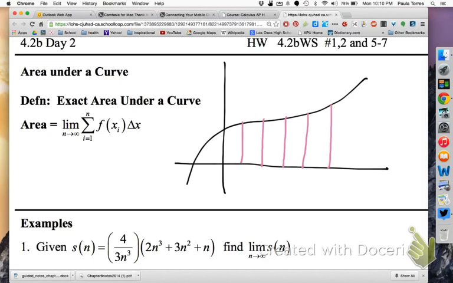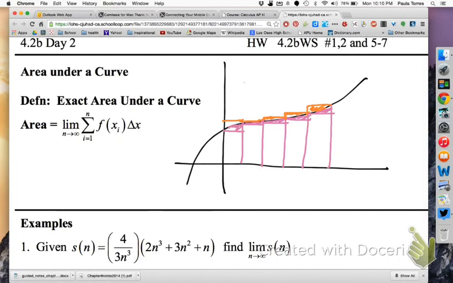And the problem that we're having from getting a correct answer is that we're either underestimating, because in this case we're doing left endpoints and our rectangles are all below the curve, or if I were to do right endpoints, then I would be overestimating. So I'd have a little bit of extra.